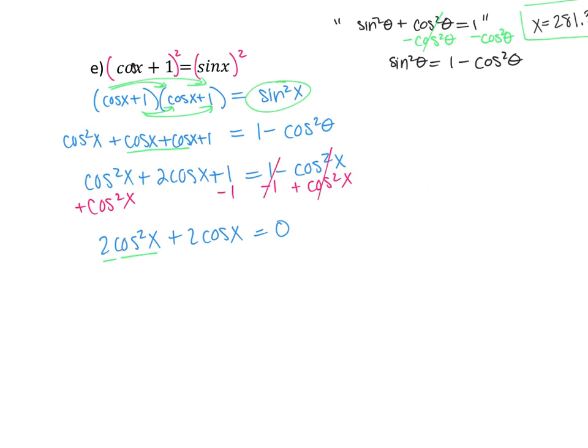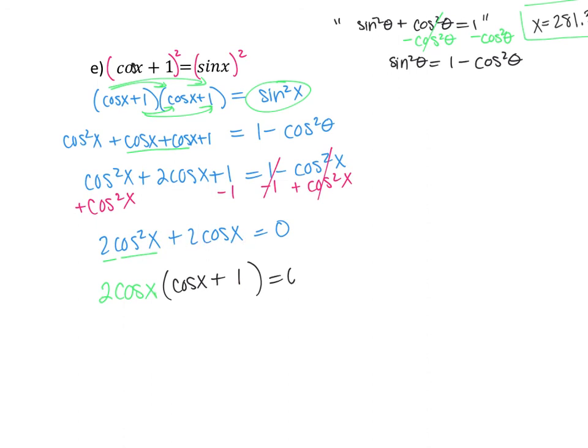Since both of them have a 2, I can factor out a 2. Both of them have a cosine, so I can take out at least one cosine. And I'm left with cosine of x in front and maybe a 1. If I were to redistribute, 2 cosine times cosine is 2 cosine squared. 2 cosine times 1 is 2 cosine.